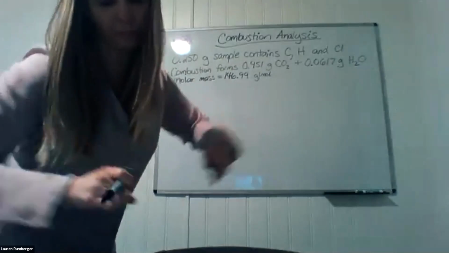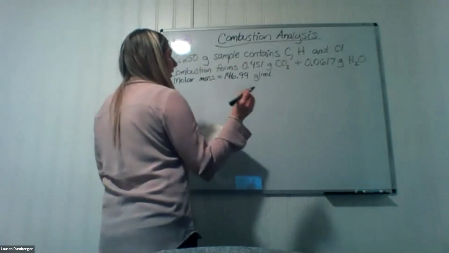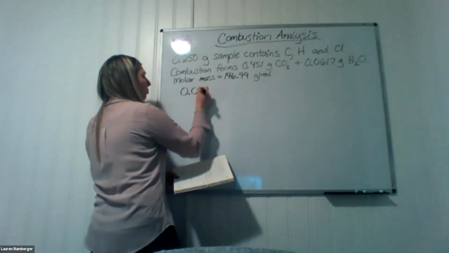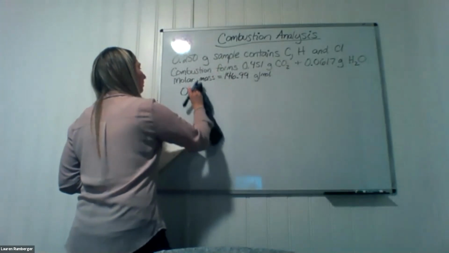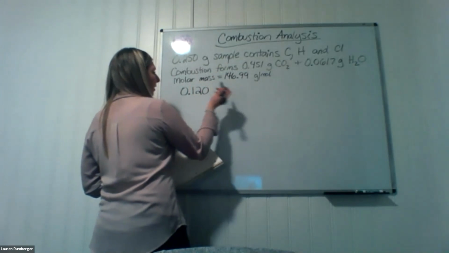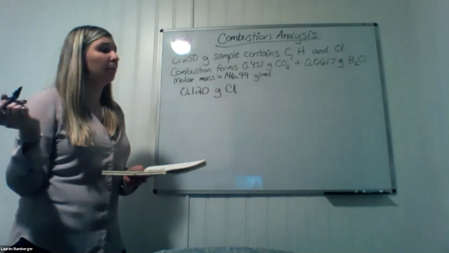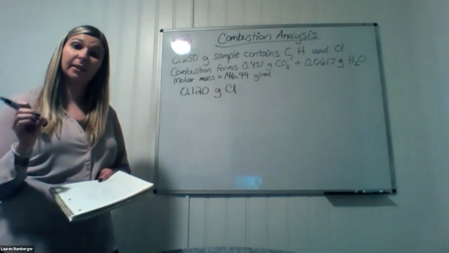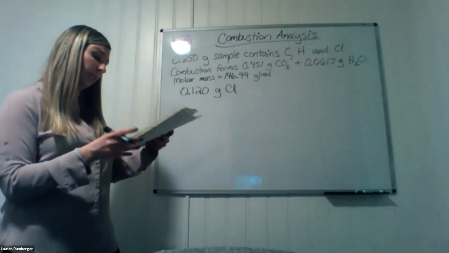So we just determined that the compound contains 0.120 grams of chlorine. Now remember, the step for empirical formula is to take each mass of the elements in the compound and convert them to moles. So we need to change the mass of the chlorine into moles.